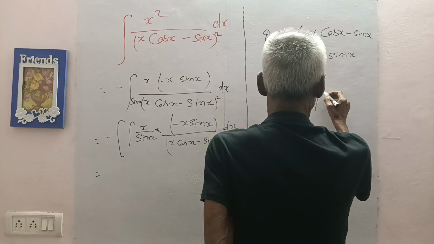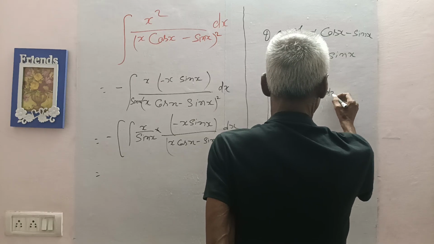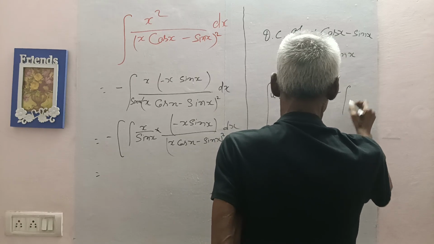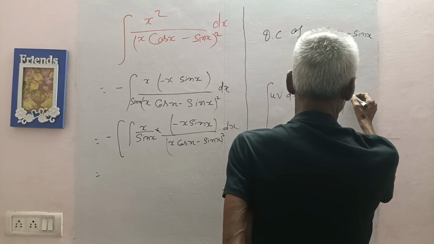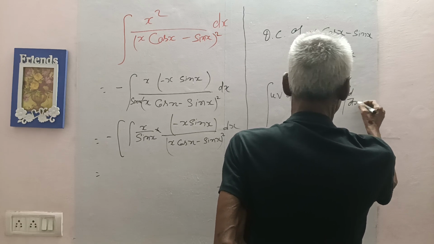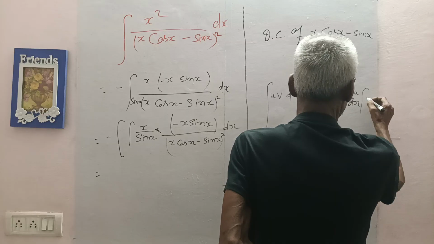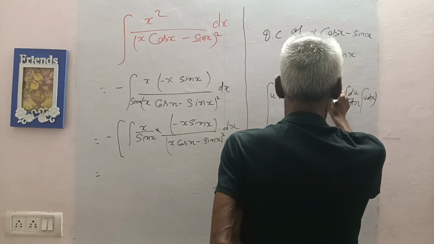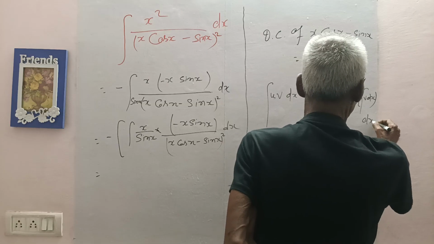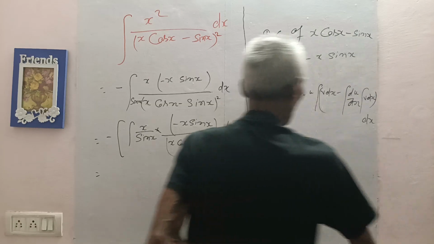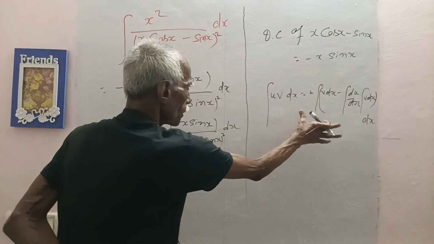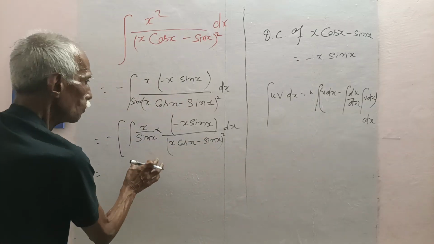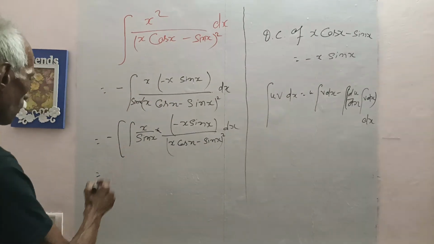u v dx minus dx. So this formula will be used here.